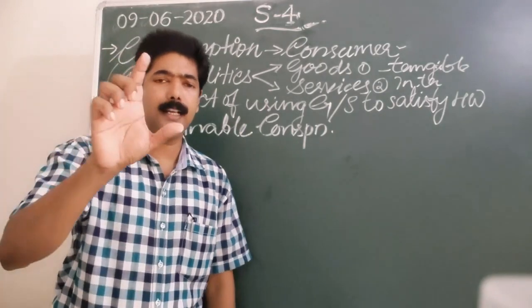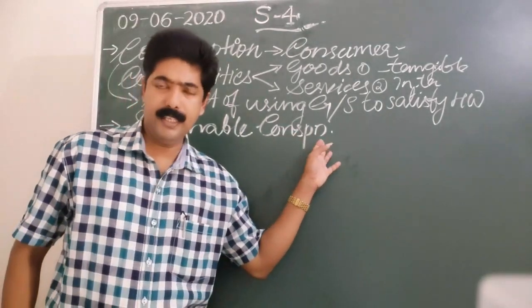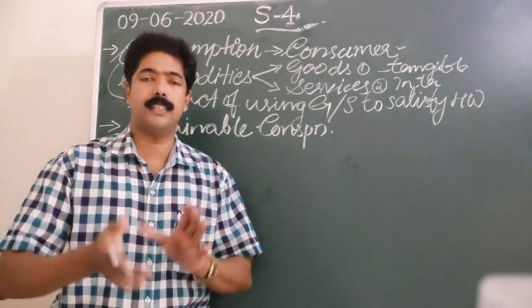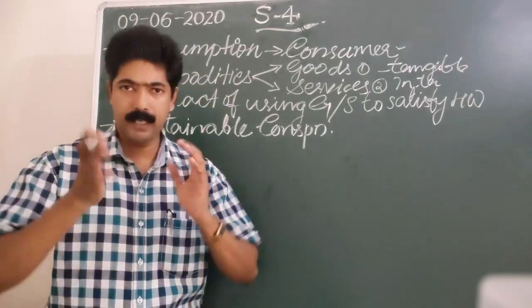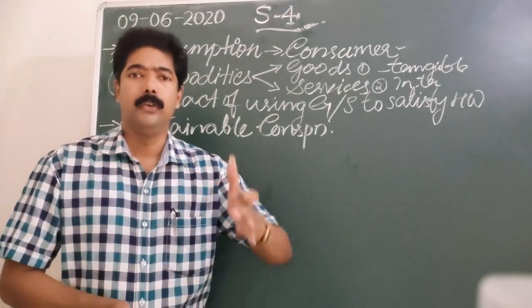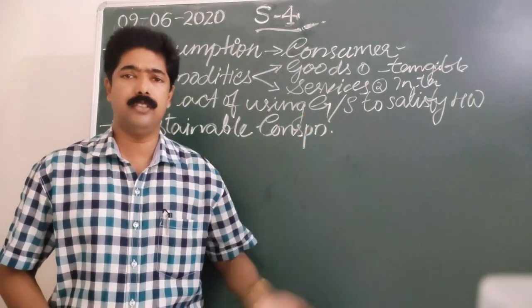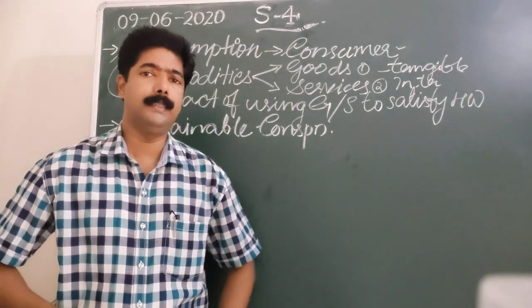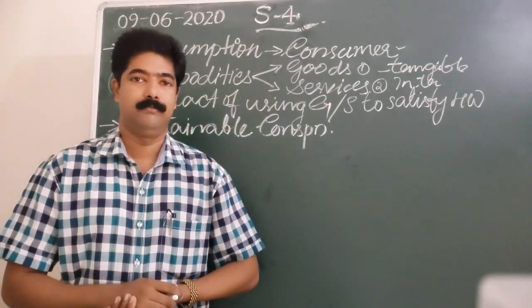So sustainable consumption teaches us that we must make sure those goods and services are not only for the consumption of the present generation, but we are responsible towards our followers, the coming generation, which means they must also enjoy the presence of those goods which we used.